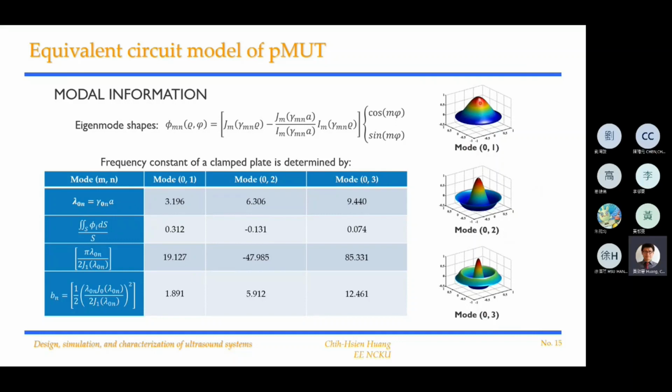The 0 here means the center will be the highest vibration part when it is vibrating, followed by the 1, 2, and 3 modes. So if you hear people say mode 1, mode 2, mode 3, they actually mean mode 01, 02, and 03. Because from the perspective of generating acoustic waves, the higher the center part, the larger displacement and larger acoustic pressure you have.